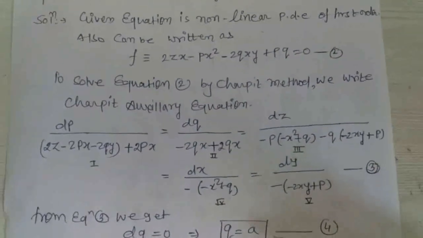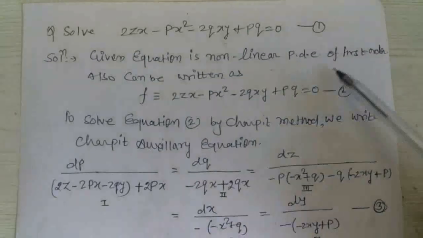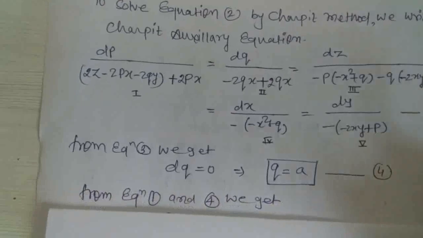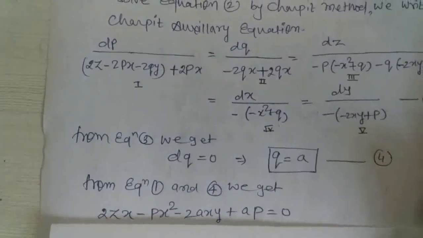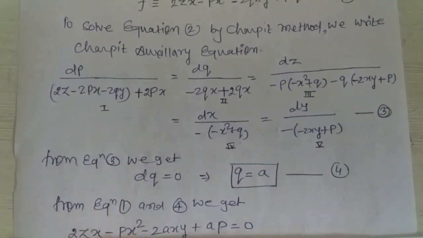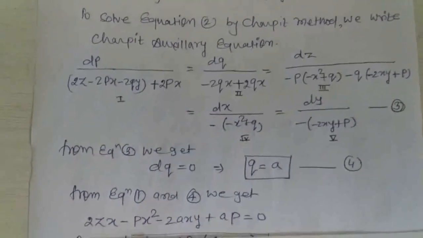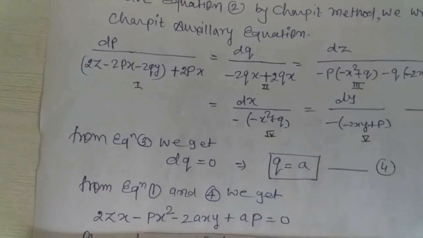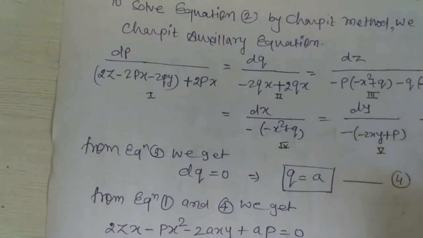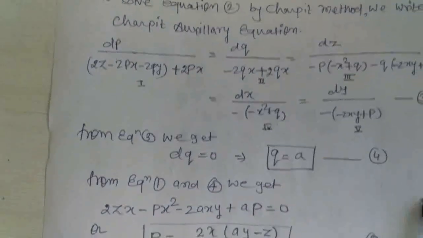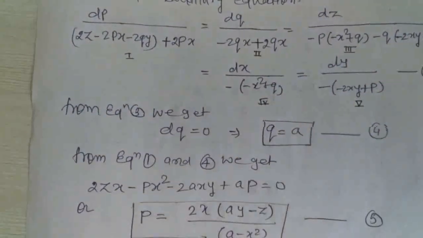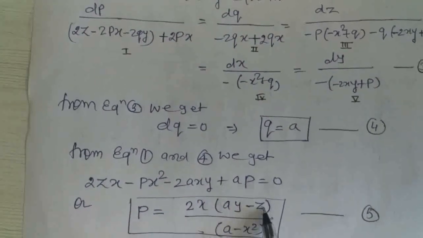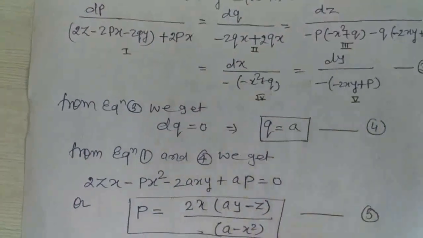Now putting the value of q in the first equation, we get 2zx minus px square minus 2axy plus ap equal to 0. Further simplifying this equation, we get the value of p as 2x multiplied by ay minus z divided by a minus x square.